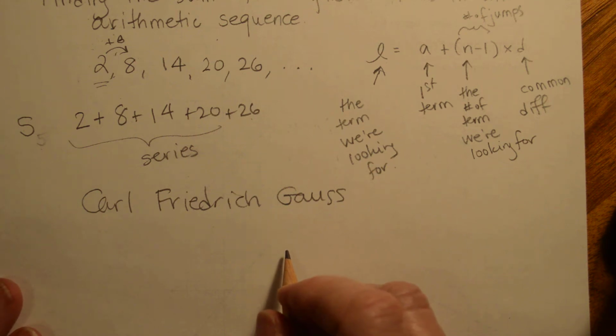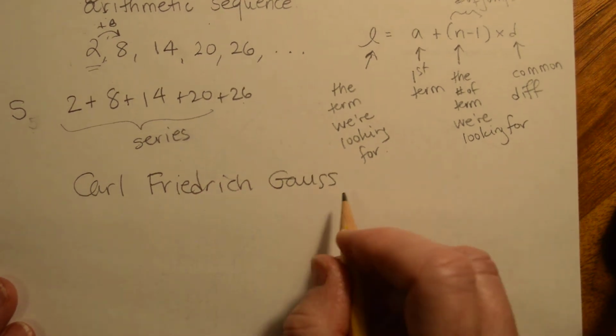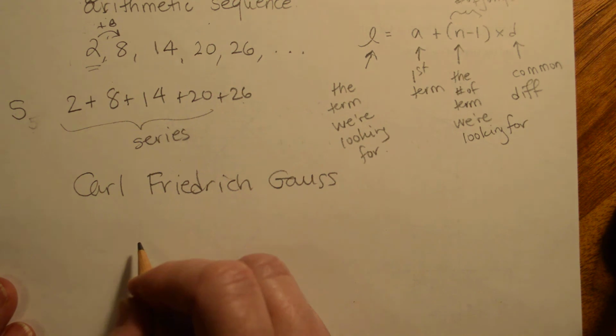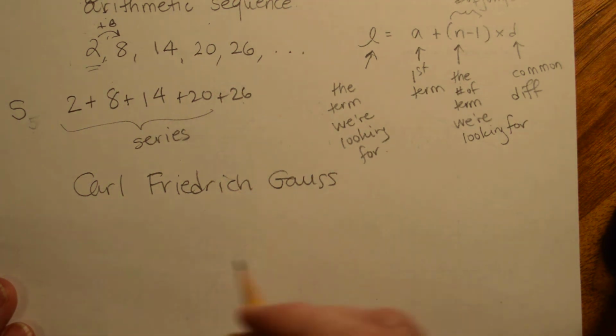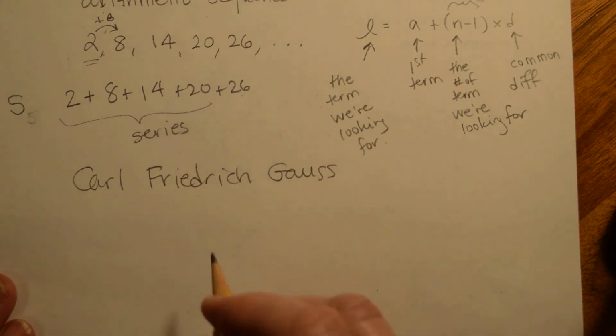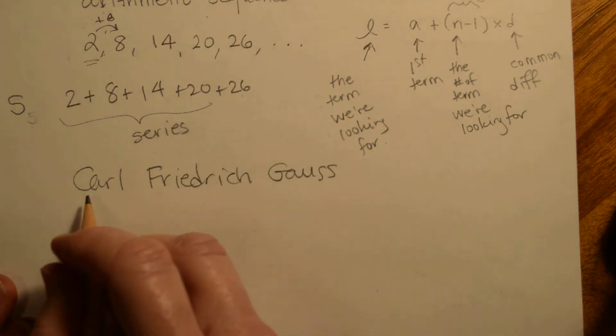The teacher was getting frustrated with all the kids because they were acting up, and he said to the boys in the class, because it was a boys' school, with the hopes of just getting a couple minutes to himself, I want you to find the sum of the first 100 numbers, because he figured that would take them a while and he would have just a couple minutes of peace.